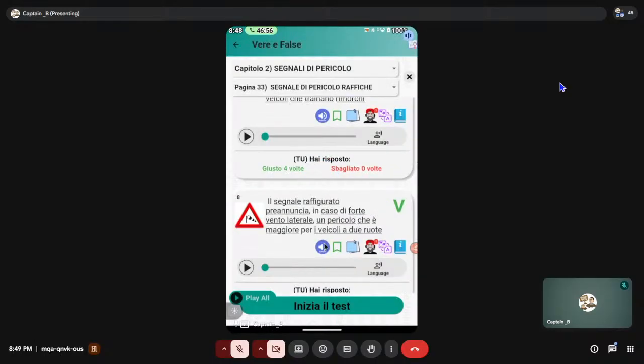Il segnale raffigurato preannuncia, in caso di forte vento laterale, un pericolo che è maggiore per i veicoli a due ruote.